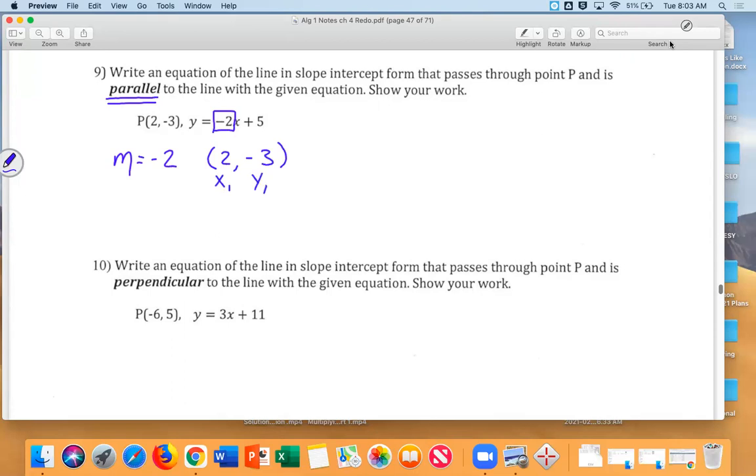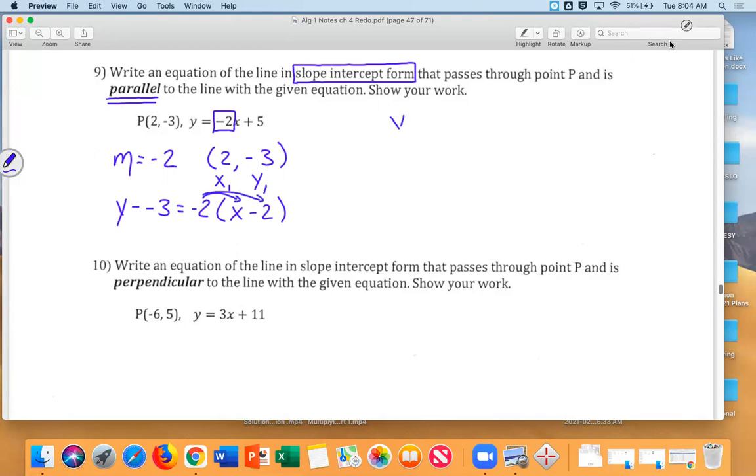So I'm going to write y minus -3 equals -2 times x minus 2. You okay with that, Harshan? And now it says slope-intercept form, which means I need to get y by itself. So first thing I'm going to do is distribute that -2.